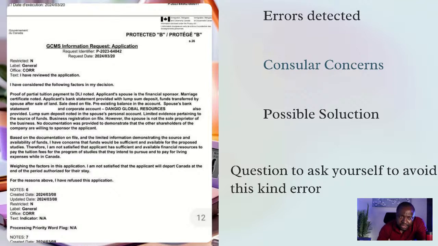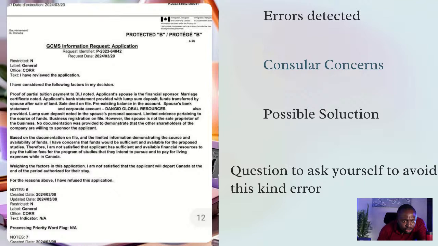Marriage certificate noted. Applicant bank statement with lump sum deposit. Funds transferred by spouse after sales of land. Sale deed on file. Pre-existing balance in the account, spouse bank statement and corporate account. Also, provided lump sum deposit noted in the spouse personal account.